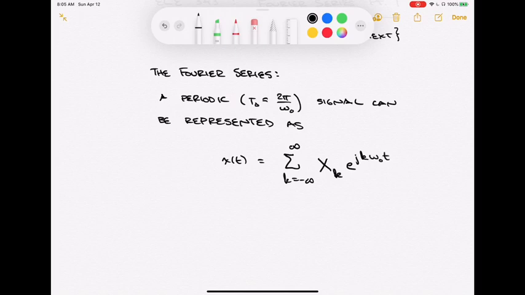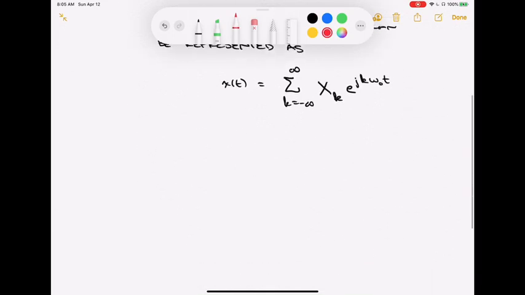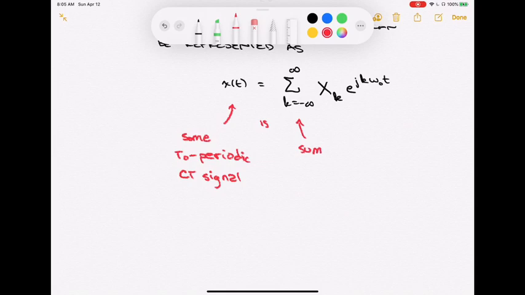So really, what does this say? It says that any old signal, so we look at this equation, so the x of t is some T naught periodic signal. We did assume periodic here, and this is a periodic continuous time signal, right? Some T naught periodic signal is a sum of, well, what are the X k's?